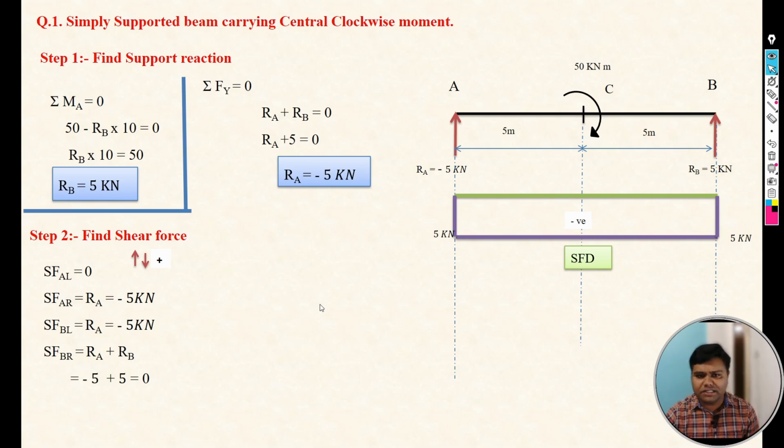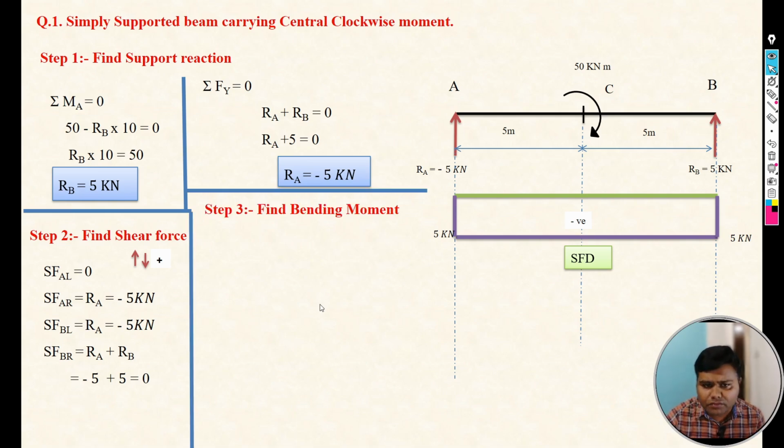We have already discussed this in the previous video, and sign convention is also important. Here we are considering a clockwise moment on the left of that particular section as positive, and an anti-clockwise moment as negative. Again, we have already discussed that sign convention and the theoretical part in our basic video, so you can refer to that video.